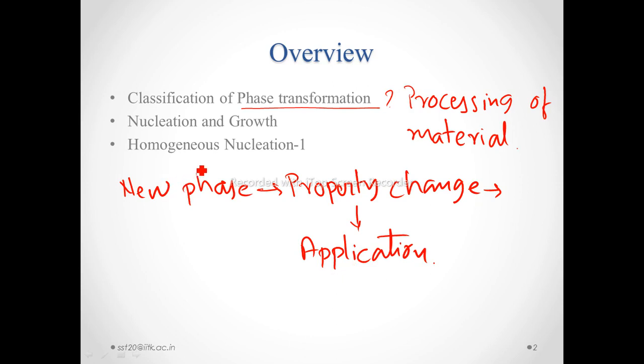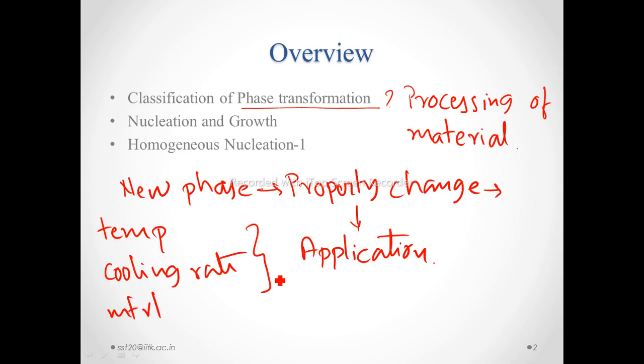Hence, phase transformation will tell us what type of new phases are formed and how they are forming. The parameters, such as temperature, cooling rate, and the material that is used for the phase transformation, are some parameters that can control the phase transformation.